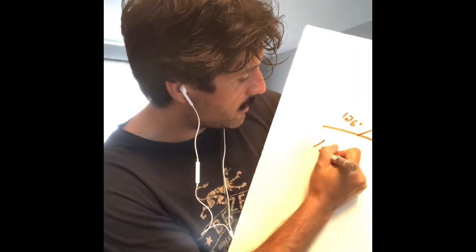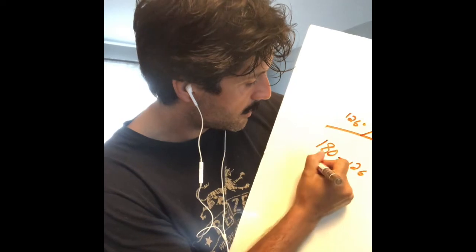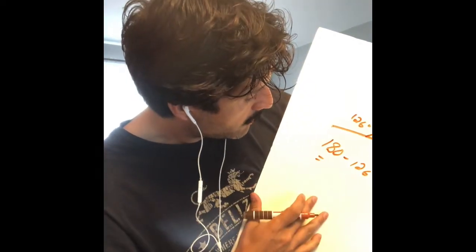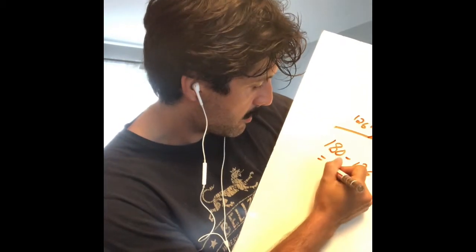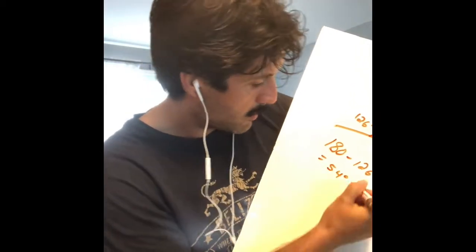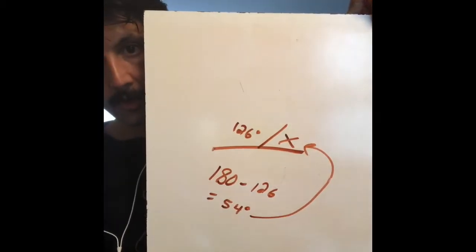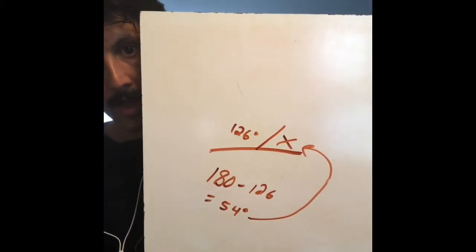So 180 degrees minus 126 equals, and what do we have, 54? So there's our solution, 54 degrees. And that's going to work for any straight line.